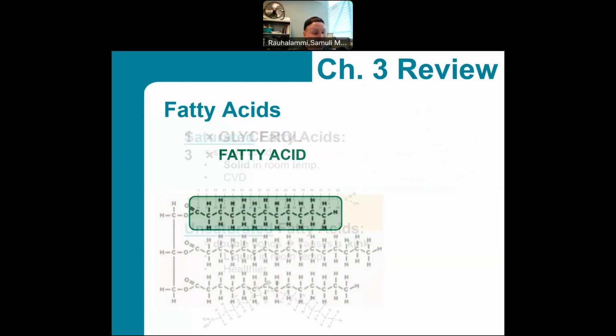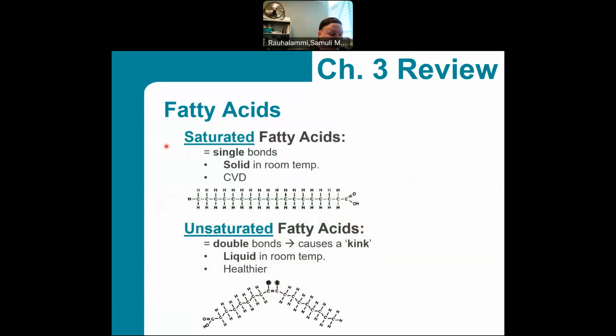There are different kinds of fatty acids. We have what are known as saturated and unsaturated fatty acids. Saturated fatty acids are made of single bonds between the carbons that form the hydrocarbon backbone of these fatty acids. In a dietary sense, saturated fatty acids are typically solid at room temperature. These include things like butter and lard.